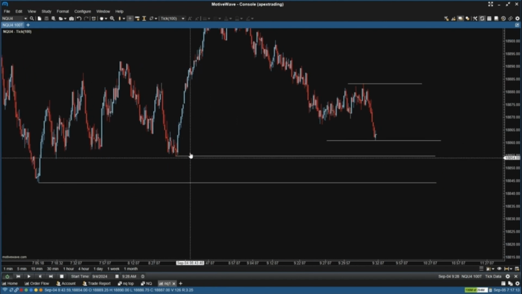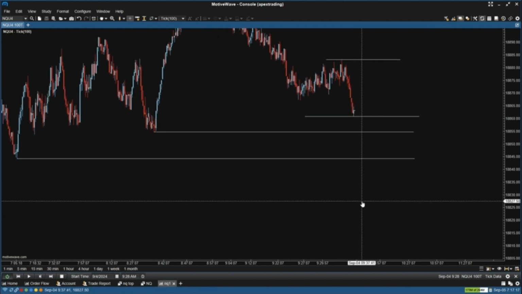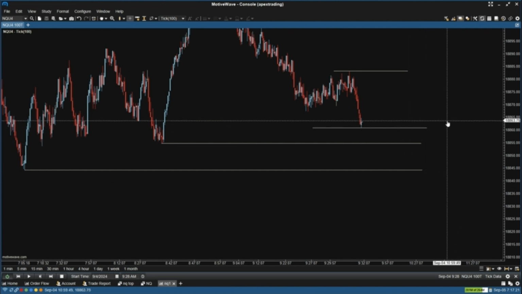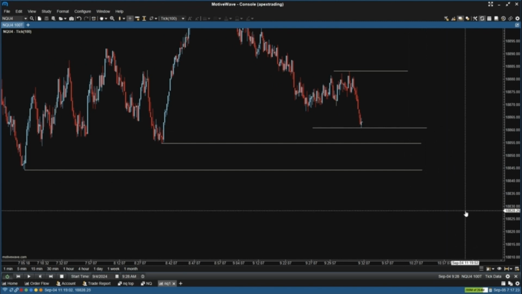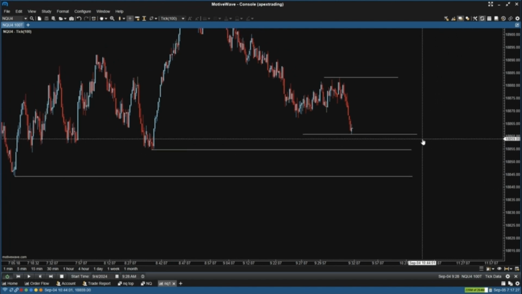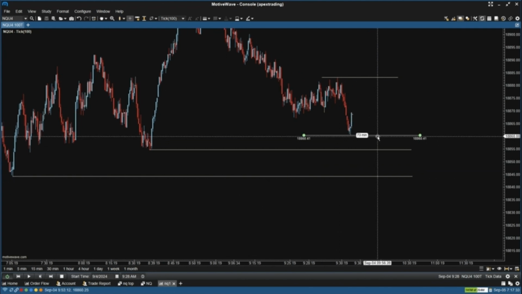I'm gonna look for this structure to break. If it breaks with displacement or momentum, I am interested in a retracement short or an M pattern with the trend. So I'm waiting. It's not breaking yet.